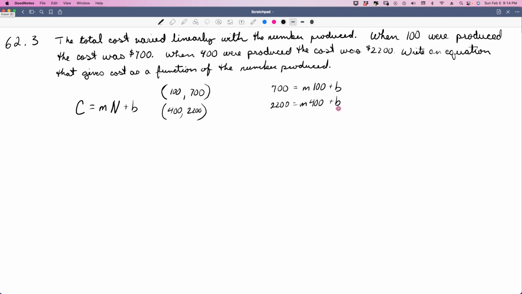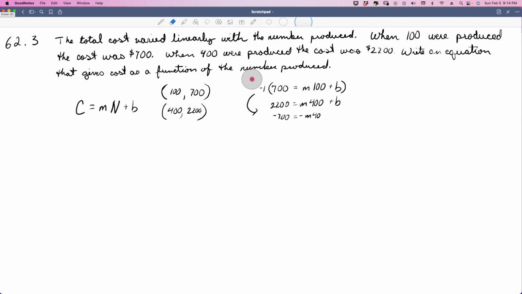Technically, all I really need to do is multiply one of these by a negative 1 so that I can get a negative B. And I think I'm just going to multiply this one by a negative 1. And that's going to give me a negative B value. I'm just going to write it down here so I don't have to rewrite everything. So it's going to be a negative 700 is equal to a negative M400.